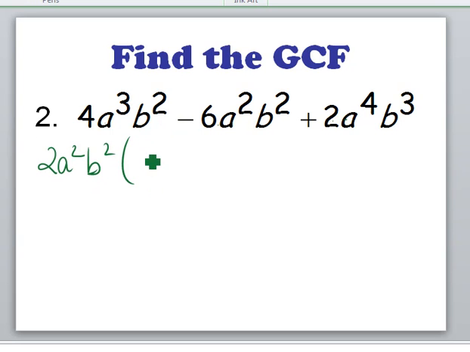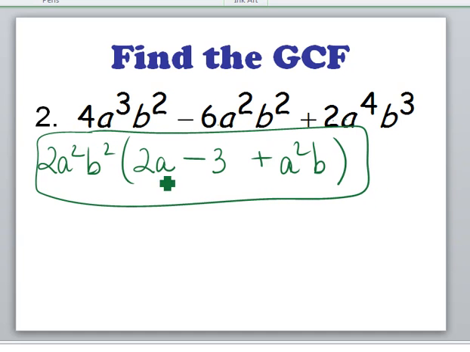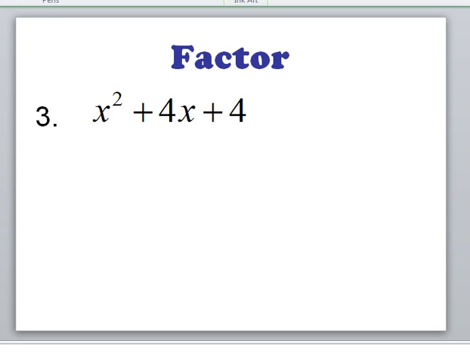So 2 times 2, and then I need another a to give me the a cubed and the b squareds out front, minus 2 times 3, I have the a squared and the b squared already, plus 2 times 1 gives me 2, I need an a squared to get me a to the 4th, and I need b squared times b is b cubed. This is not factorable at all. It is a trinomial, but it's not an x squared term and an x and a number. The next problem, we're always going to look for the greatest common factor first.